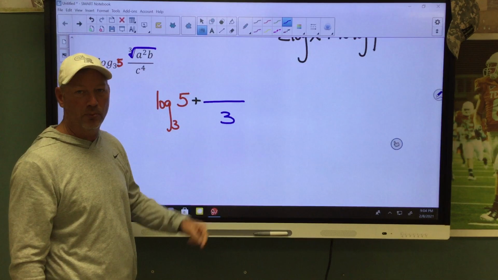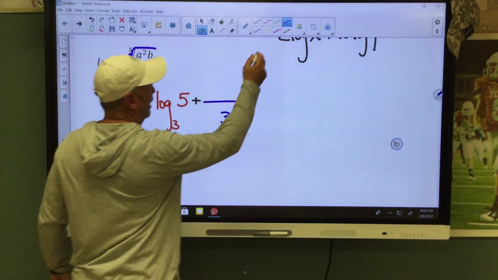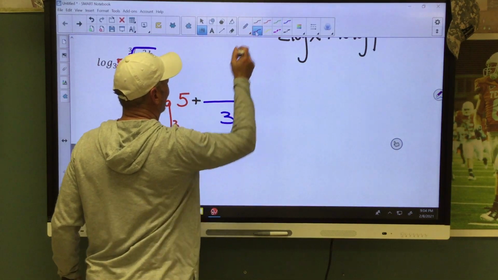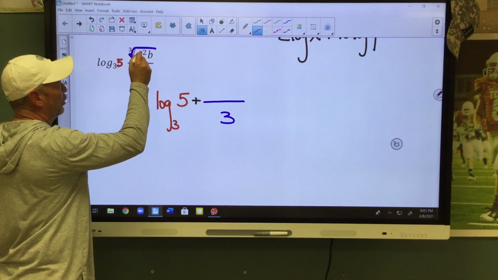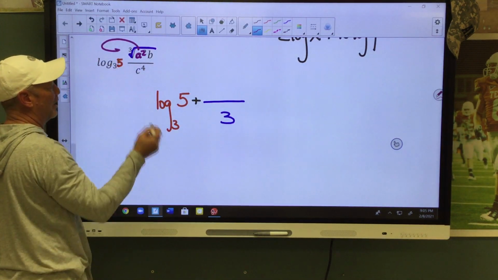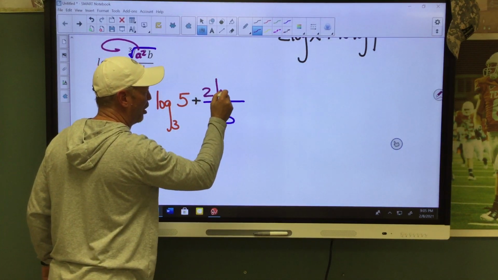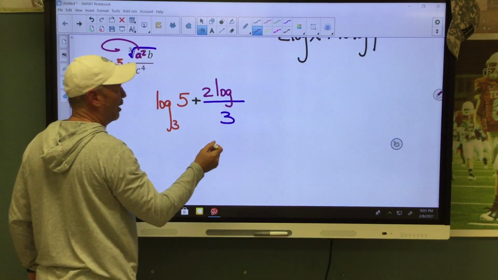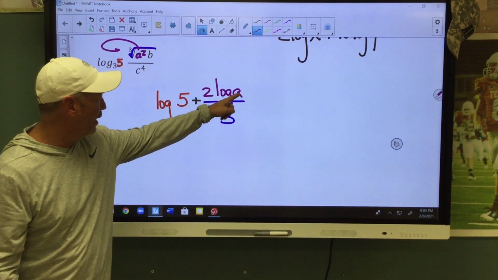But who am I going to take the cube root of? I'm going to take the cube root of a squared. That's an exponent, so that 2 has to come in front. 2 log a. That is a squared.